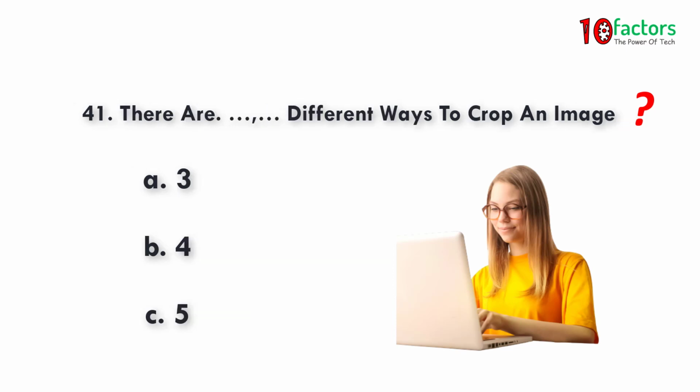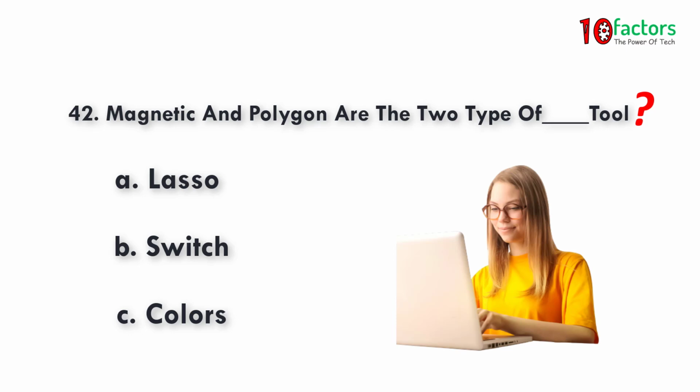Question 41. There are different ways to crop an image. A. 3. B. 4. C. 5. Right answer, A. 3. Question 42. Magnetic and polygon are the two type of tool. A. Lasso. B. Switch. C. Colors. Right answer, A. Lasso.